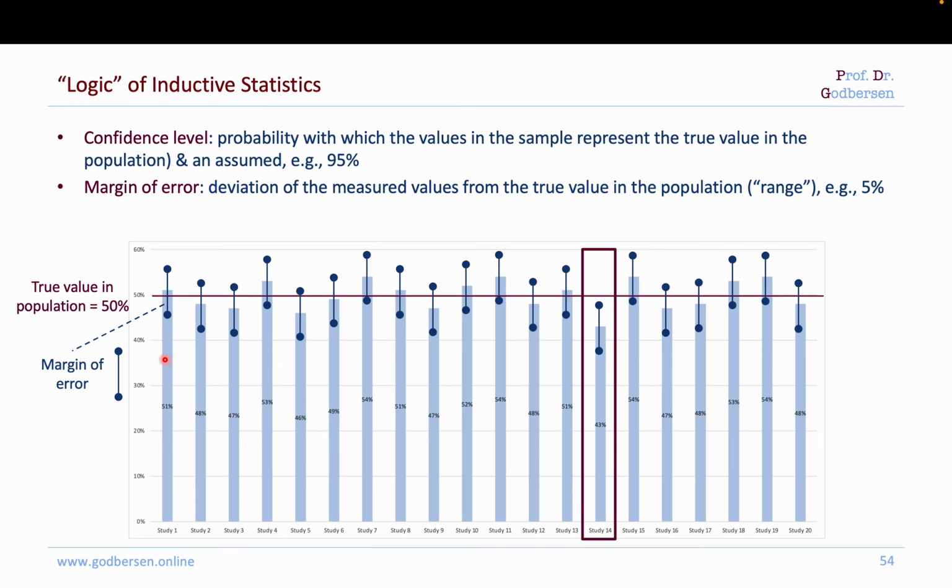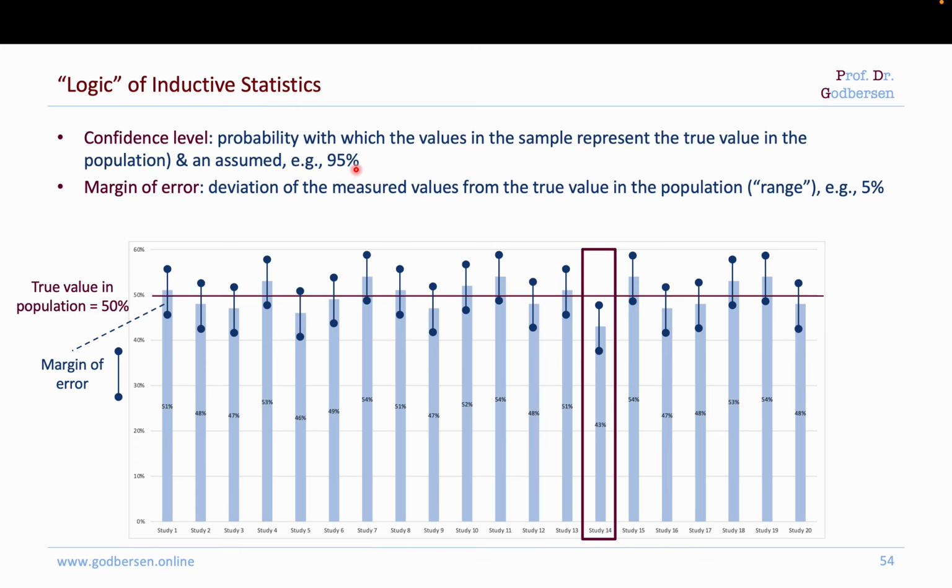Our measured values, let's assume they're all in the columns. Like for study 1, we measured 51%, study 2, we've measured 48%, study 3, we've measured 47%. Our target range, the margin of error, is 5%.